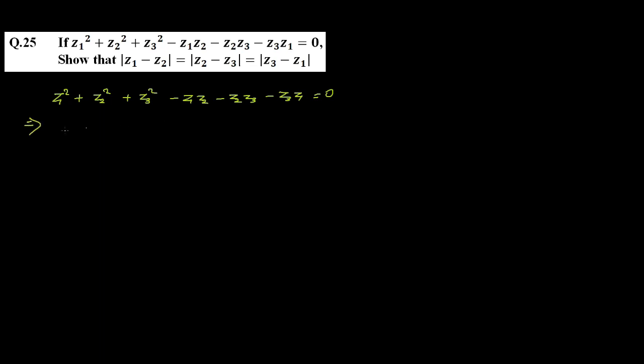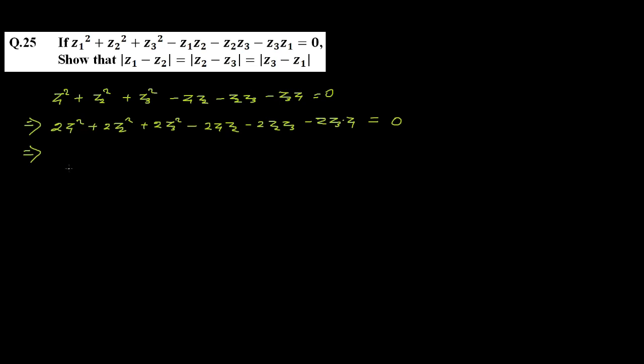It implies I can multiply by 2, so 2z1² + 2z2² + 2z3² − 2z1 z2 − 2z2 z3 − 2z3 z1 is equal to 0.